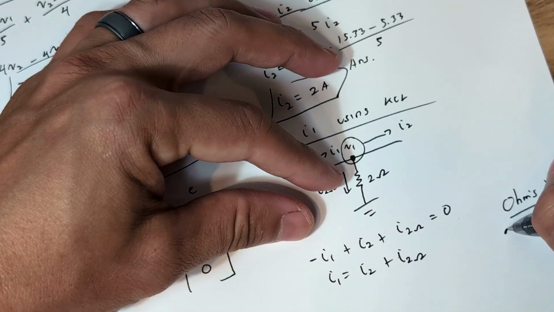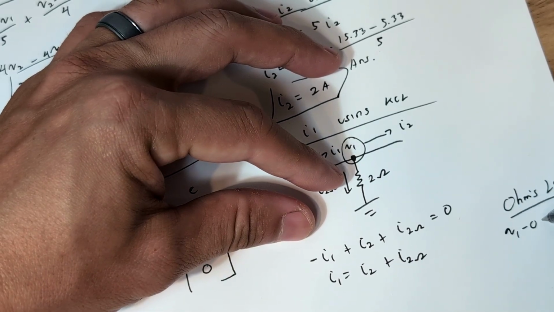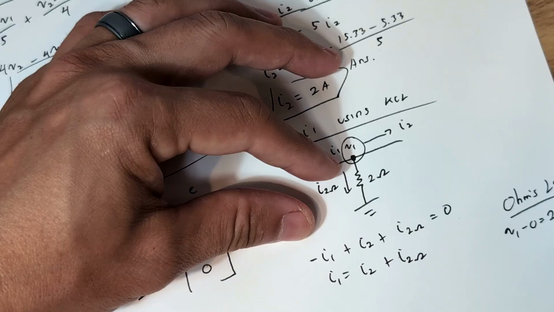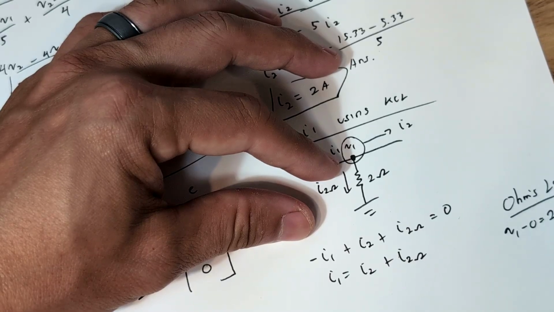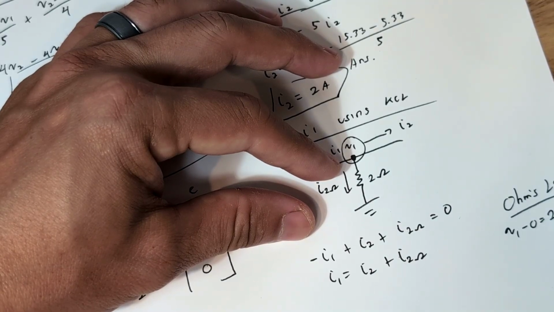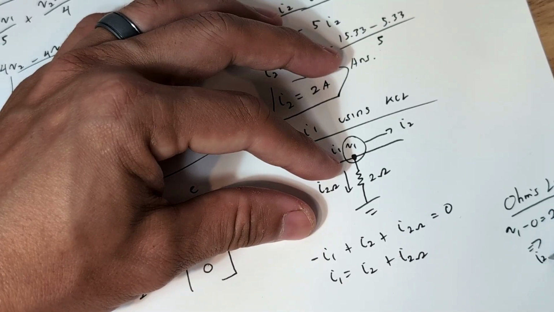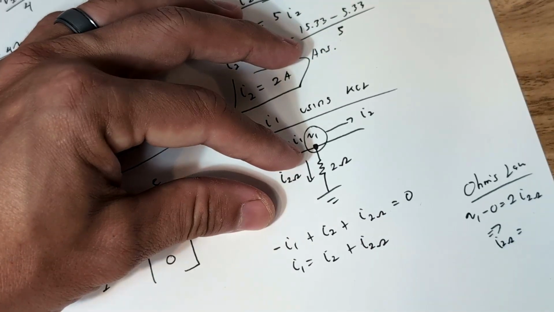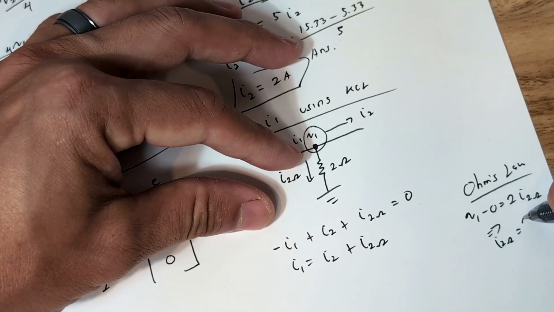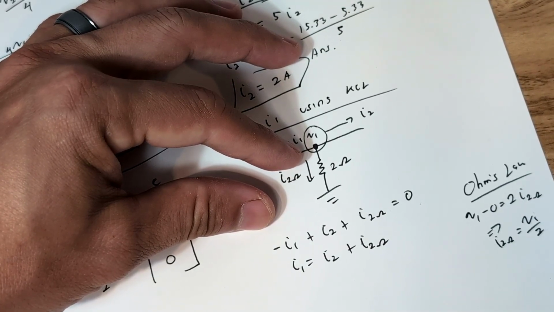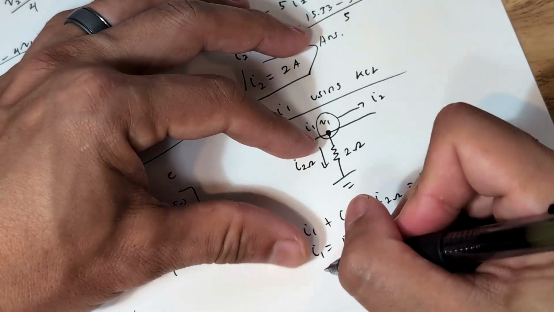I sub 2 ohm is V1 minus 0, which is the ground, divided by 2 ohms. So if you solve for I sub 2 ohm, that's going to equal V1 over 2. So we can plug that in over here.